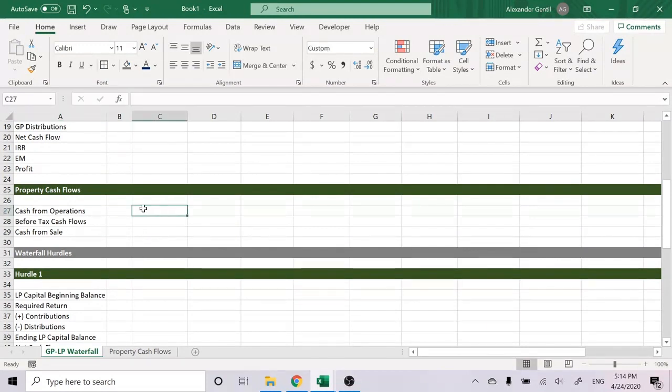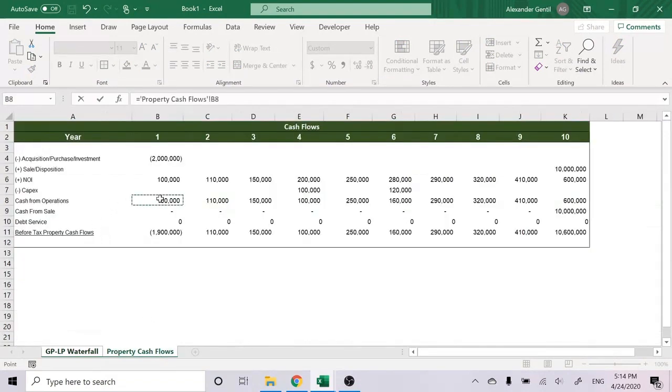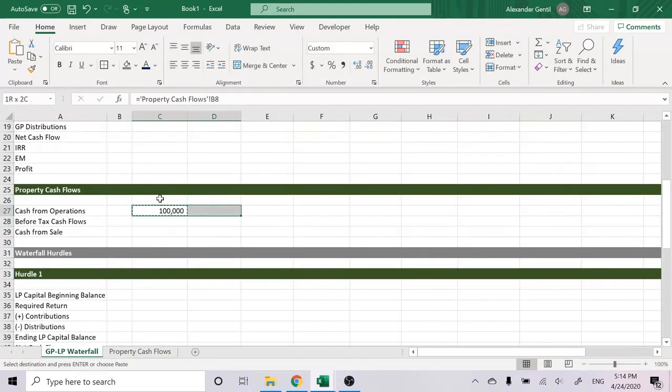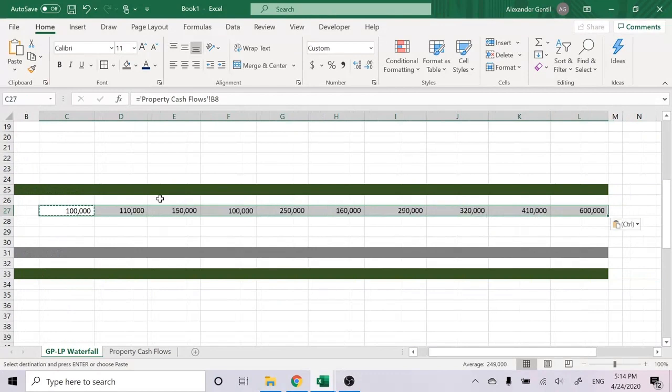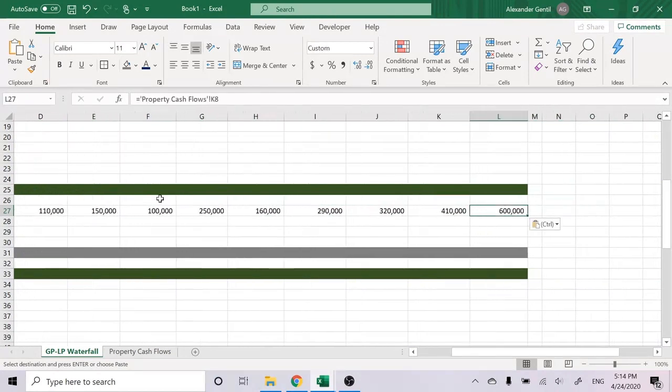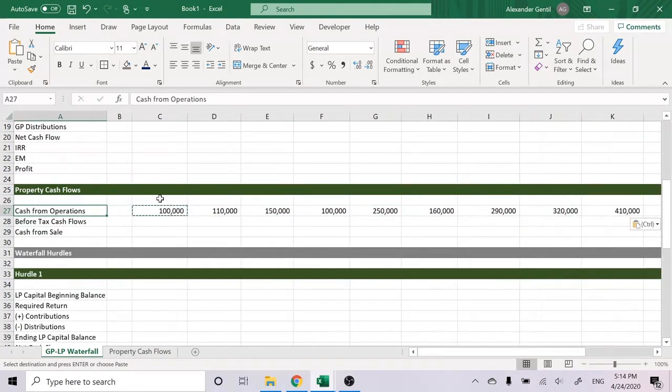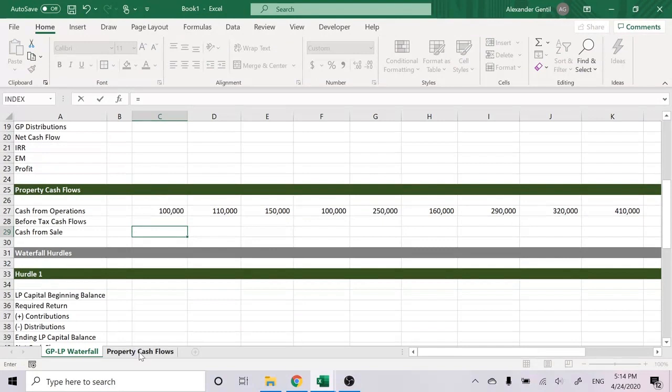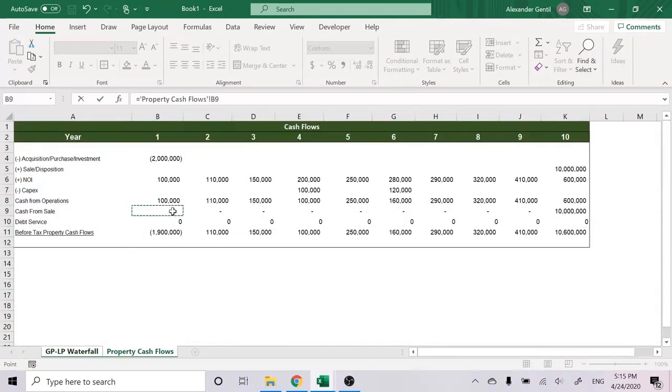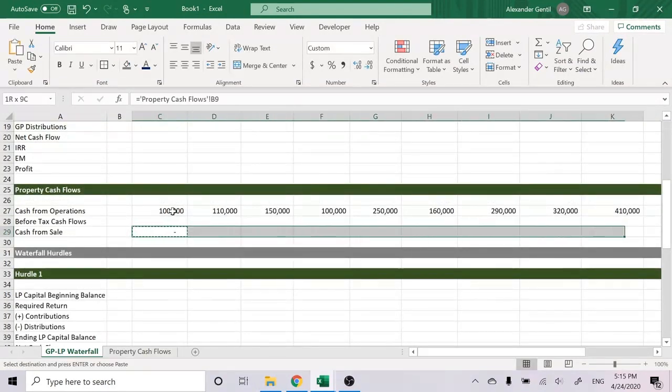Cash from operations is this line here, so 100,000 the first year, etc. And then in year 10, we're doing really well. We're making 600,000 a year in net operating income. And then the cash from the sale, we're only selling it once, so cash from sales is here at the end.